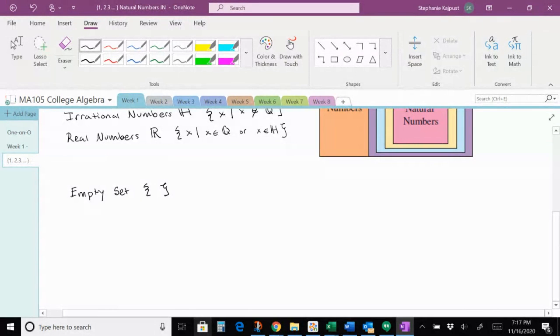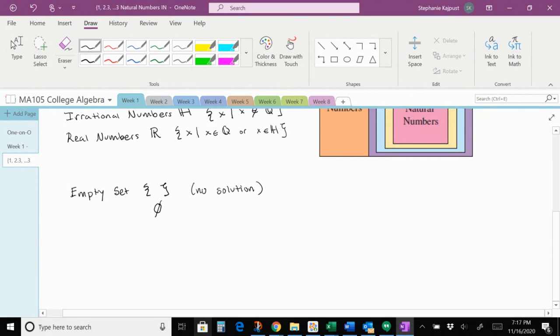That means there's no number that fits into that category. So if you were solving something and got no solution, you could write that as the empty set. And we sometimes use a symbol of a 0 with a slash through it to indicate the empty set.